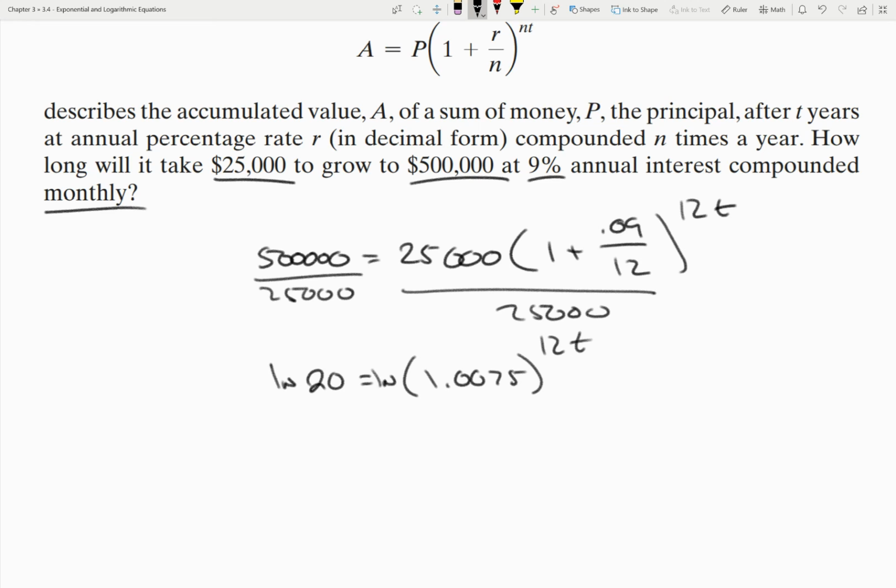Natural log both sides. The exponent can come to the front. So we have the natural log of 20 is equal to 12t natural log of 1.0075.